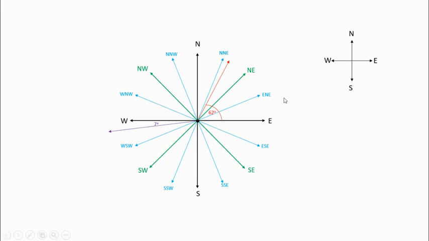So using the cardinal points could have challenges if the direction we want to specify does not correspond to any of the standard directions that we are familiar with. So it's best to use the angles. Use the angle that the vector makes with another direction that is known.